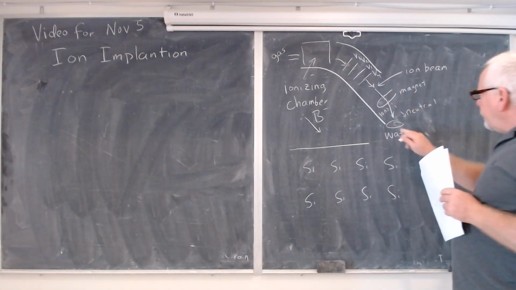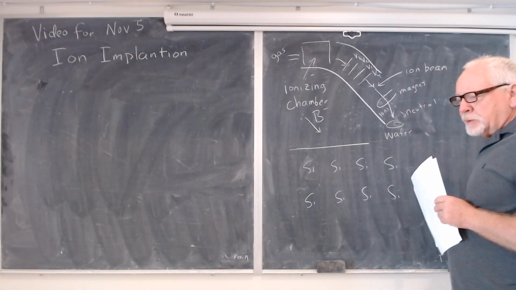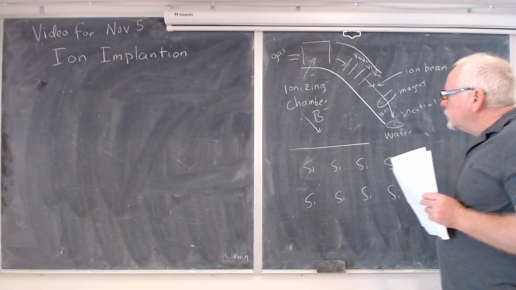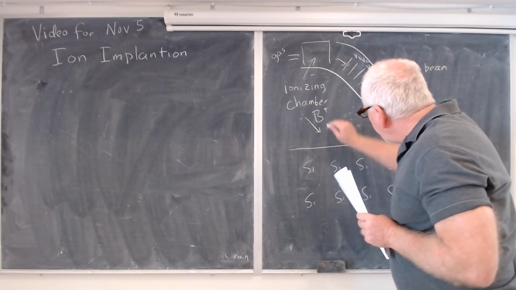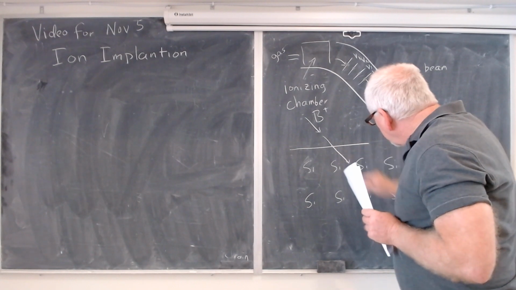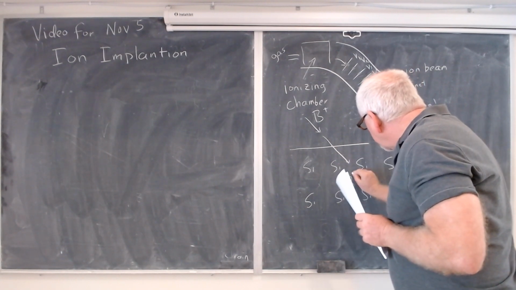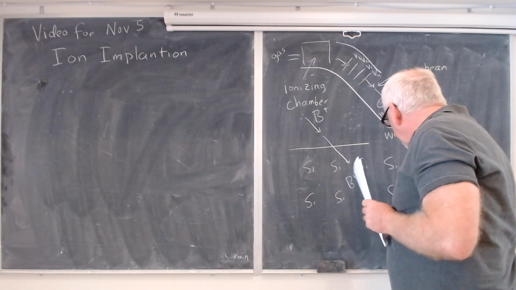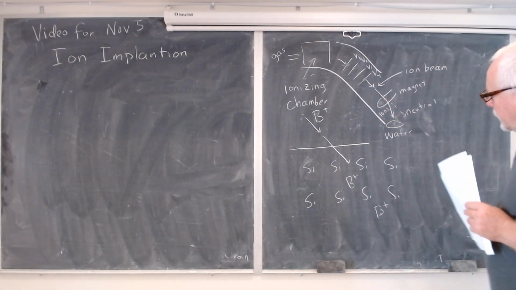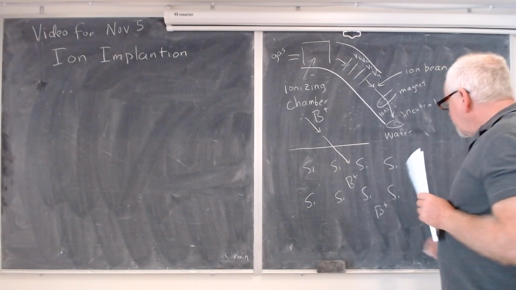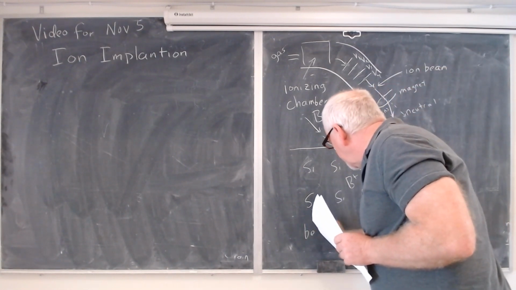The wafer is grounded, so it acts to bring in electrons and neutralize the boron. But the boron drives in, and usually it goes interstitial like this. So you might have a bunch of boron atoms. This is before annealing.